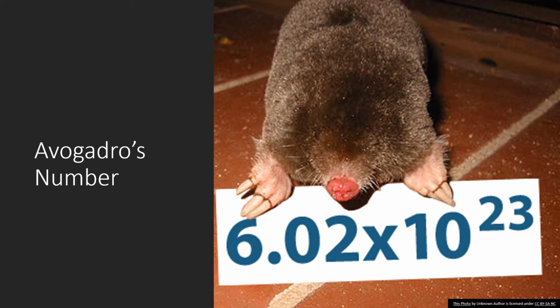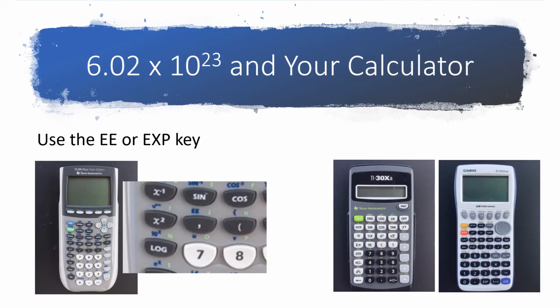If you are going to type this number into your calculator, there are good ways to do it and bad ways to do it. You really need to know your calculator and what's the best way for your calculator. I personally strongly prefer using the EE or the EXP key, depending on the brand of calculator; it'll have a different name.